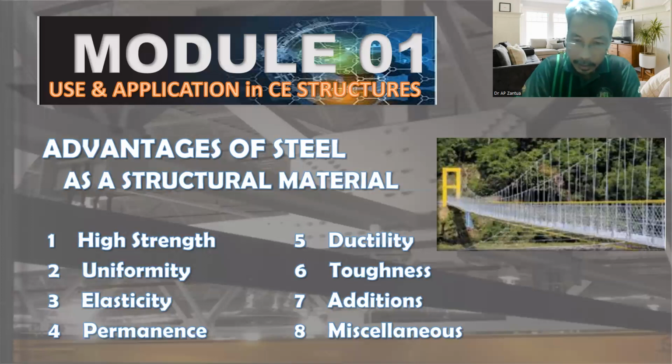And other miscellaneous things, for example, steel is one of the materials that is reusable, and after using it, it will become a scrap, and then the scrap would be delivered to the factory and recycled.